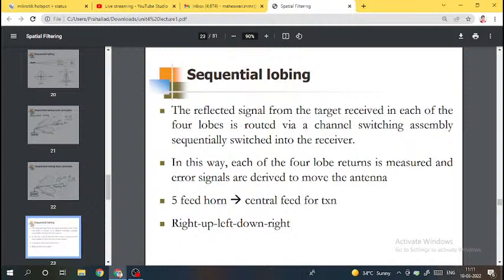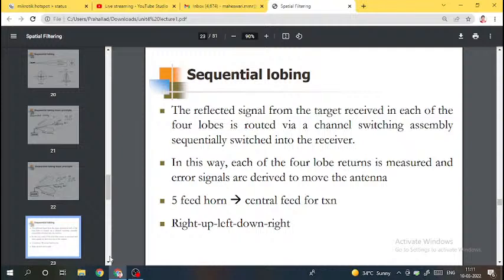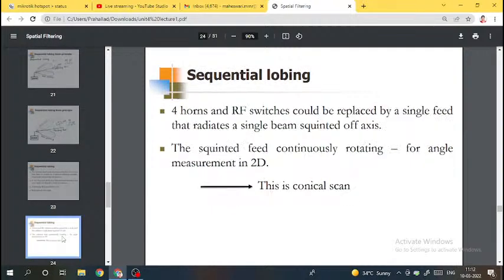This process will be continuously done in sequential lobing, and it keeps on trying to find the error, and based upon the error the servo motor is changed and the antenna will track the exact target. So able to understand, right?